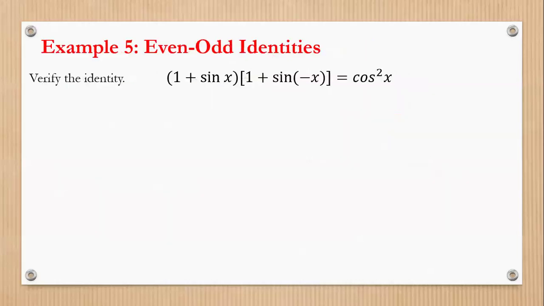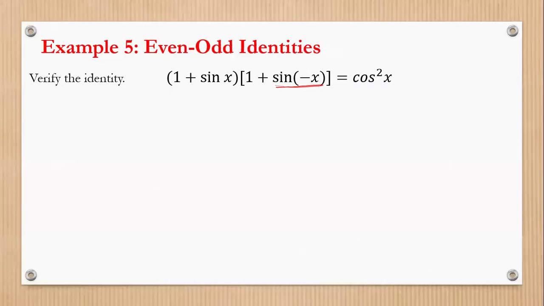Another example. So we want to verify this identity. If you look at the identity, you see the sine of negative x, which tells me that's the time that I need to use even or odd identities. Anytime you have a negative for the angle, use even or odd identities.